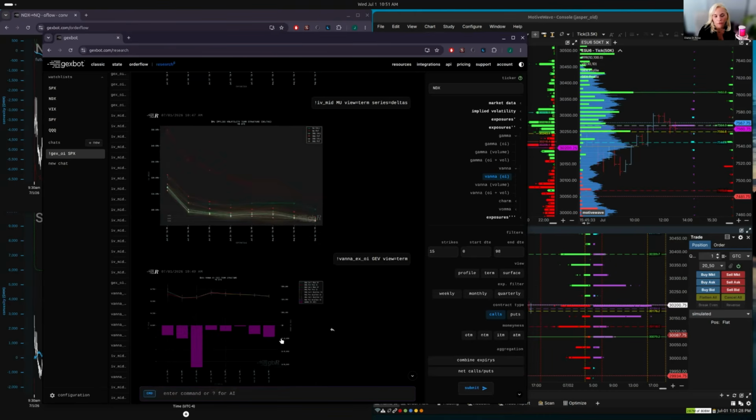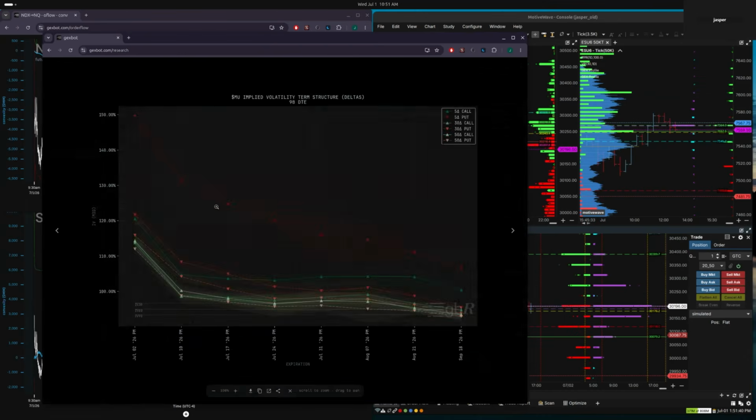Vanna is very useful to check more details on your puts and calls? Is that what you're saying with this one? Yeah, it's a combination of. So if I'm looking at the term structure, we are really just looking at latest prices or values of the contracts along the strike or money axis or the time axis.